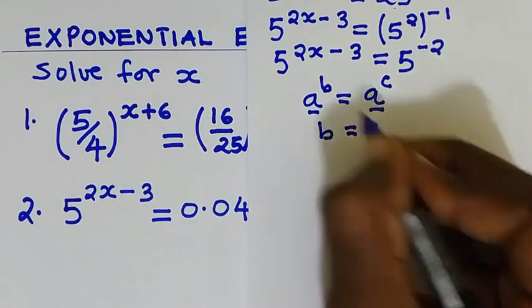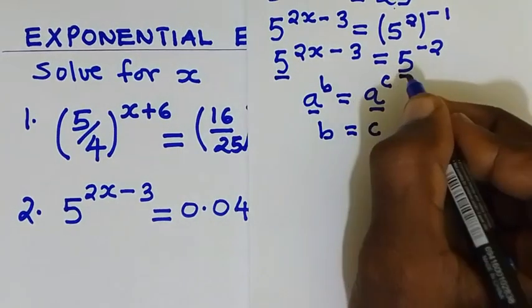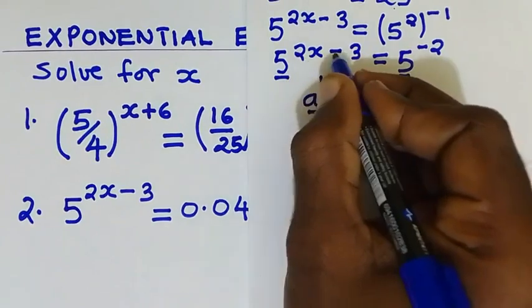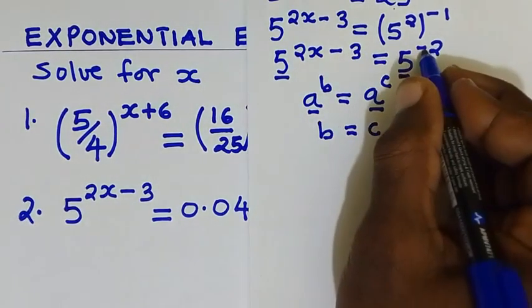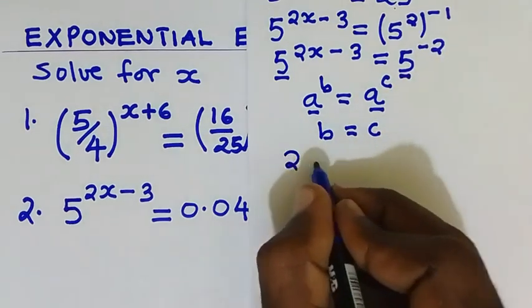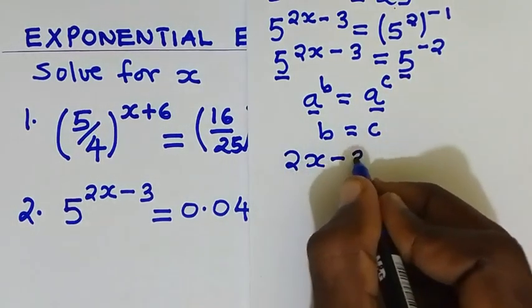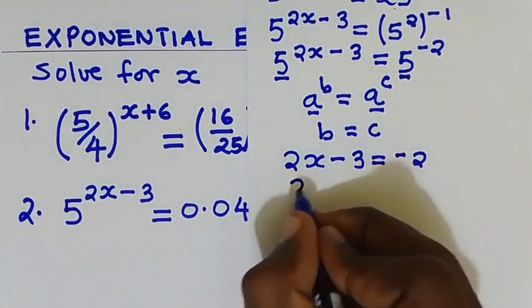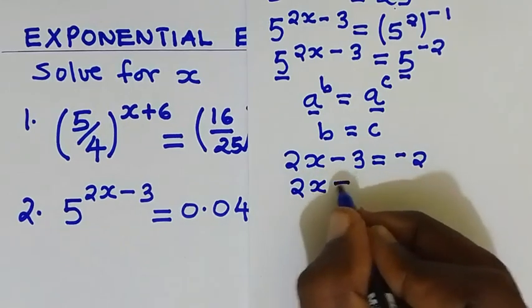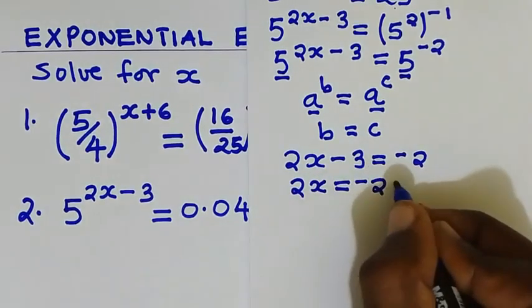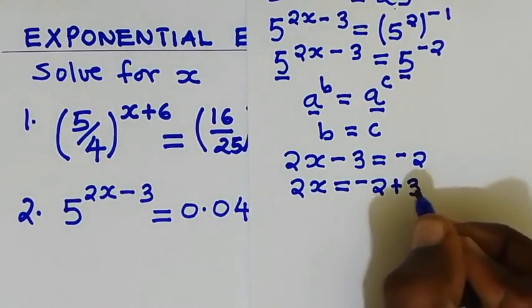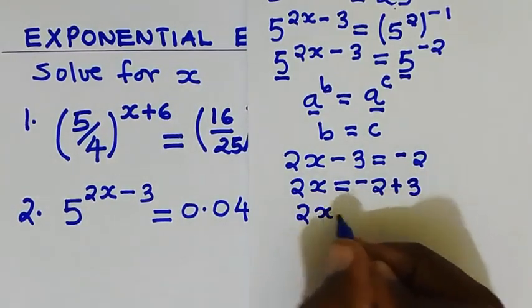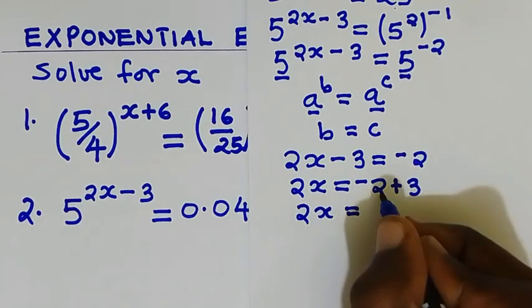For that case, we have the same base, so 2x minus 3 is equal to minus 2. 2x is equal to minus 2 plus 3.